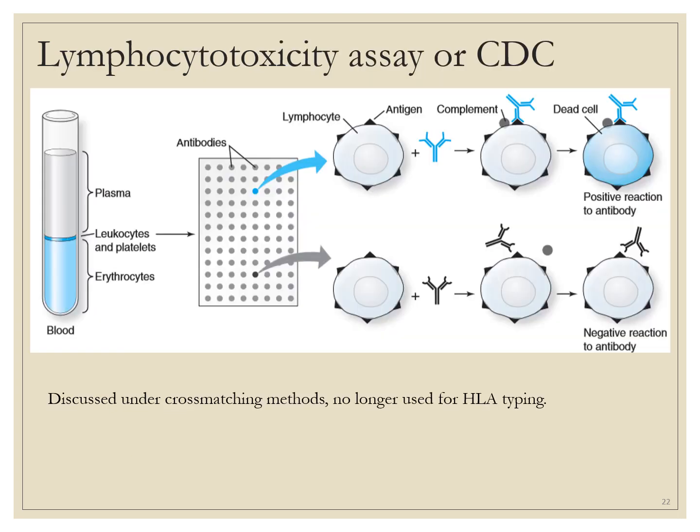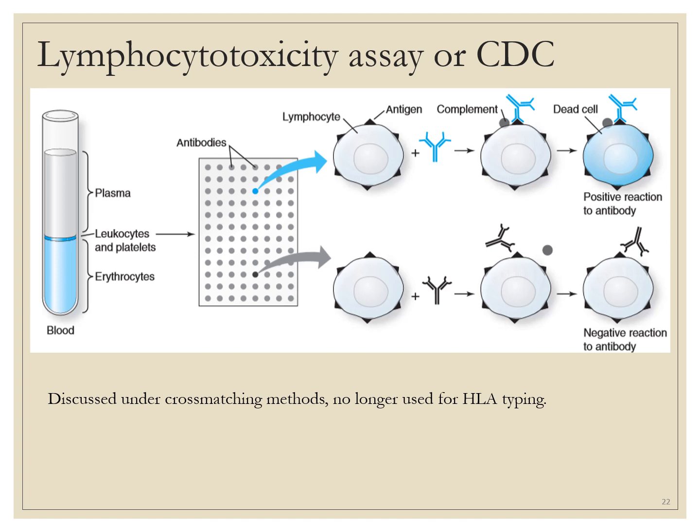So for the cytotoxicity assay that was performed, you basically had antibodies for known antigens plated out. You had to isolate the patient's lymphocytes and add them to the well, and then see which ones were killed by the antibodies.